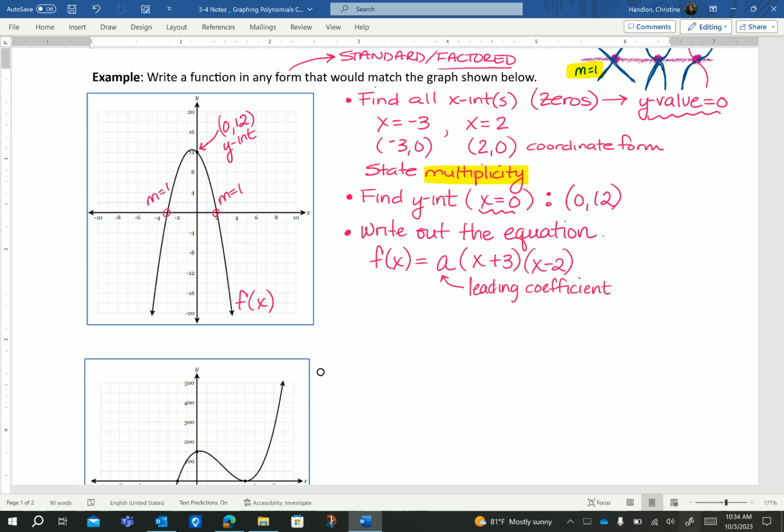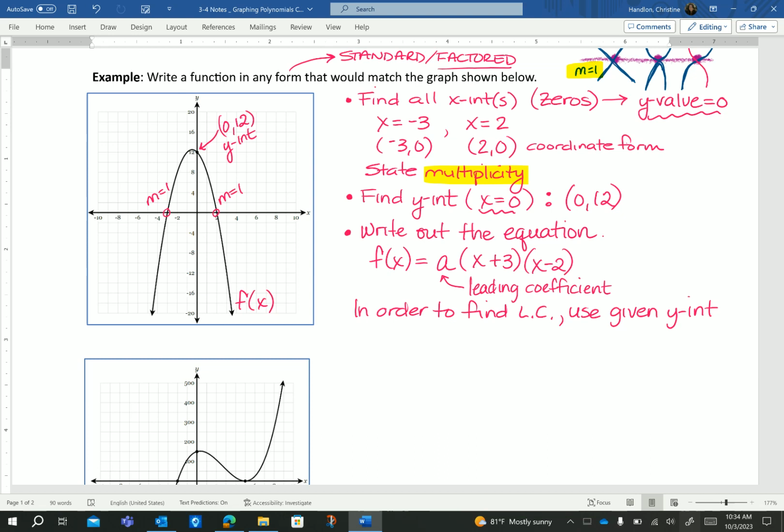We are not done because we need to find the leading coefficient. So in order to find your LC, your leading coefficient, use the given y-intercept. Why?